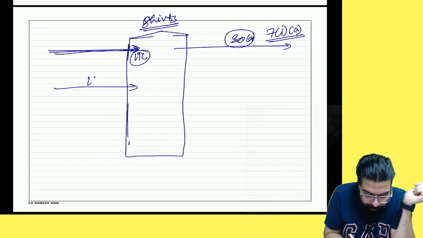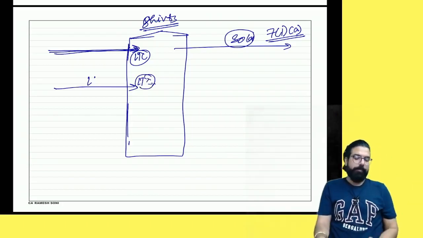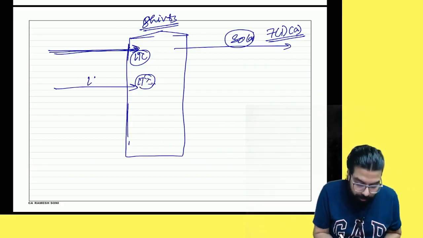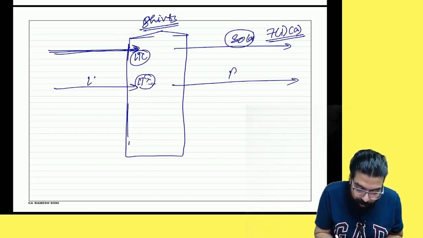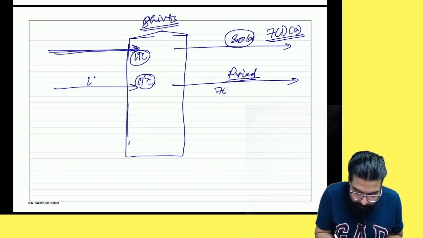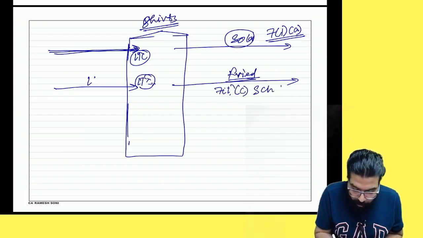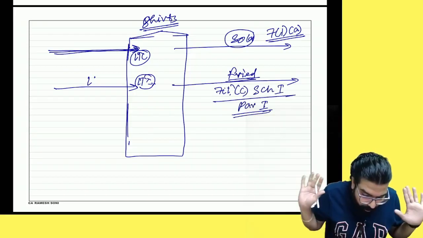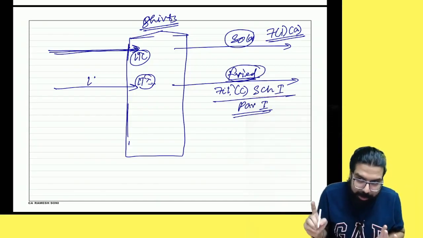I bought shirts. I took the ITC. I gave it to my friend. 7(1)(c), Schedule 1, para 1. Anyone, any doubt? Because friend does not come in related person.